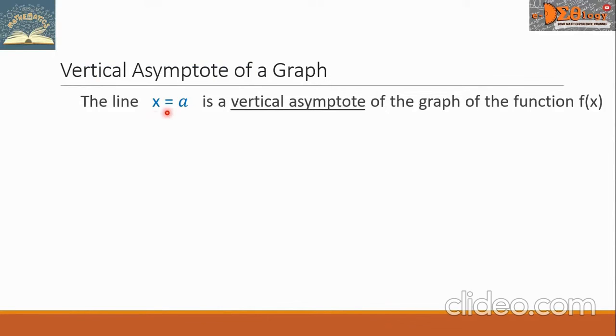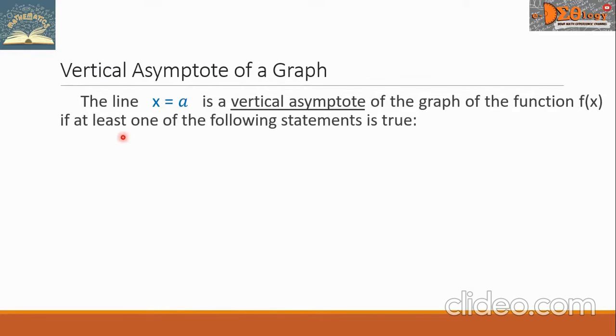The line x equals a is a vertical asymptote of the graph of the function f of x if at least one of the following statements is true. This is the first statement. This is about the left-hand limit: the limit of the function f of x as x approaches a from the left equals positive or negative infinity.